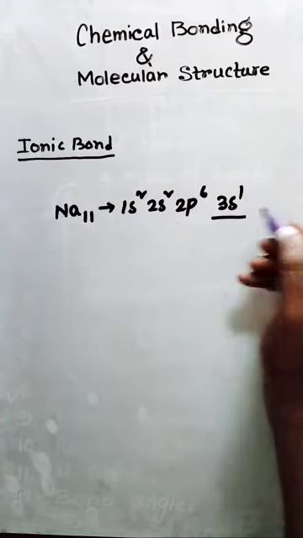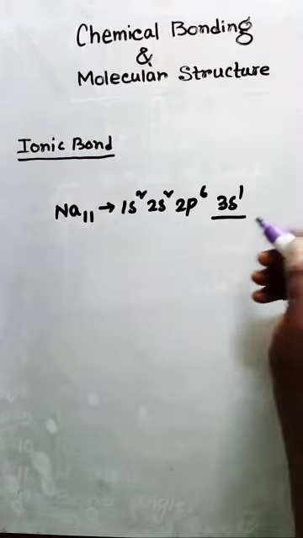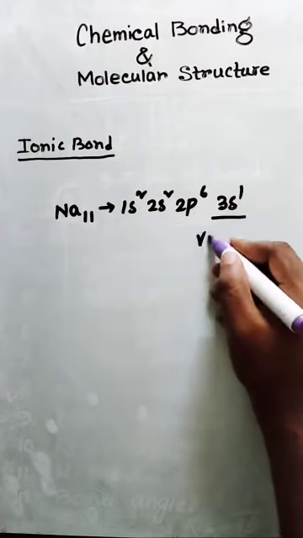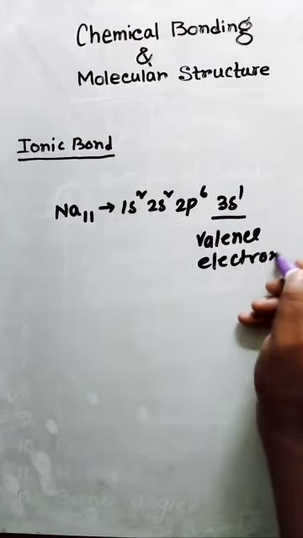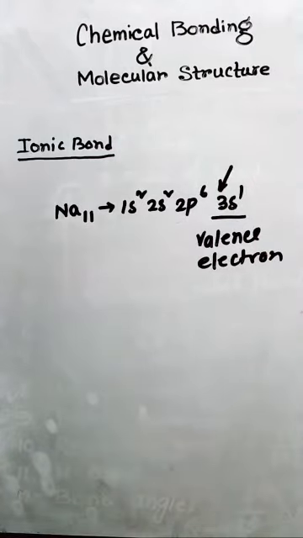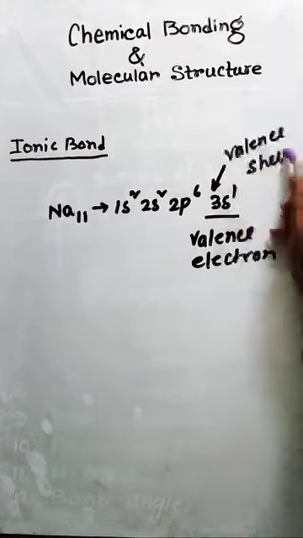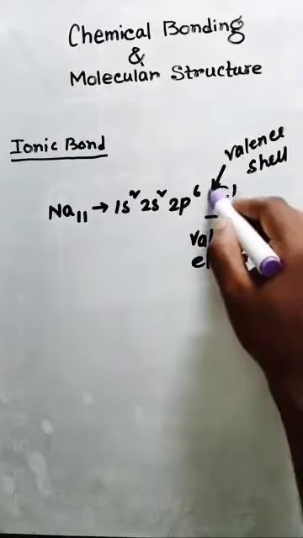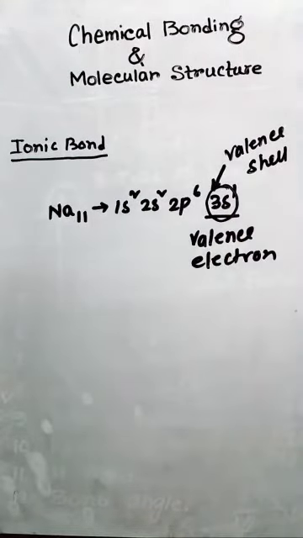This s electron is known as the valence electron, and this orbit, that is the third orbit, is known as the valence shell, and 3s is known as the valence orbital.